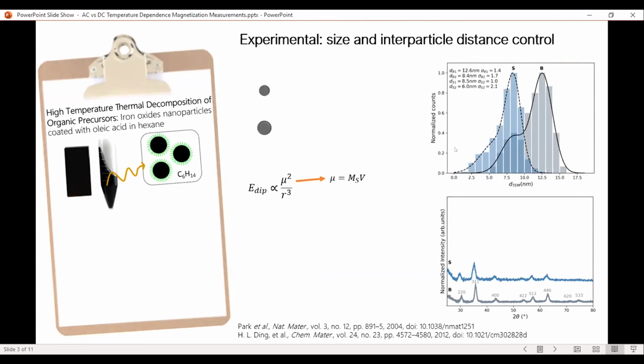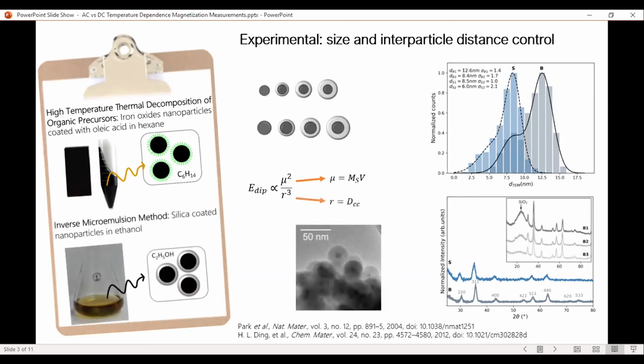We did a characterization using TEM and X-ray diffraction, where we could observe that the crystalline composition of the nanoparticles was the spinel structure, which we related to magnetite, but can also be a combination of magnetite and maghemite. And we see that by controlling the parameters, we obtained two different sizes.